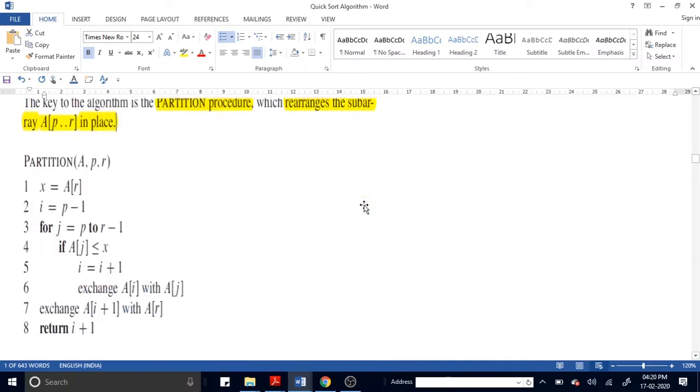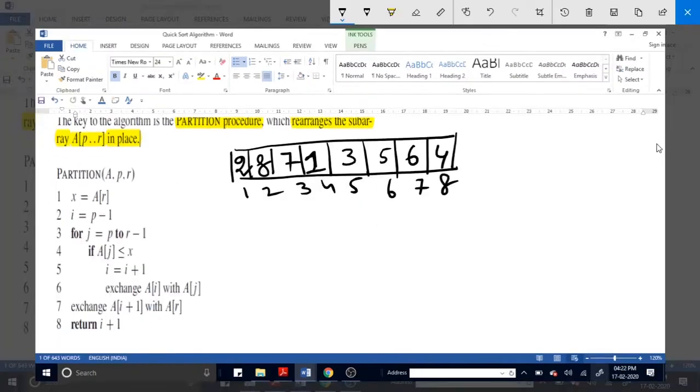So this is the partitioning algorithm. This is my array. Let us say this is p, this is r. So A[r] represents 4. The p index has been assigned 1, and then the i index is p minus 1.